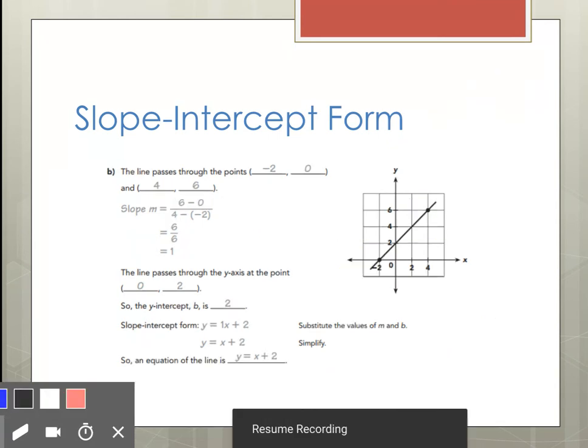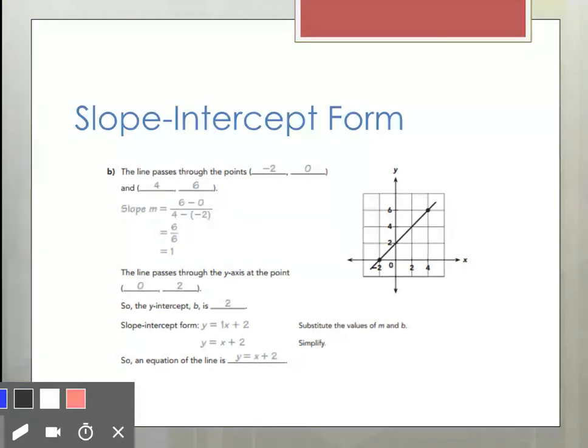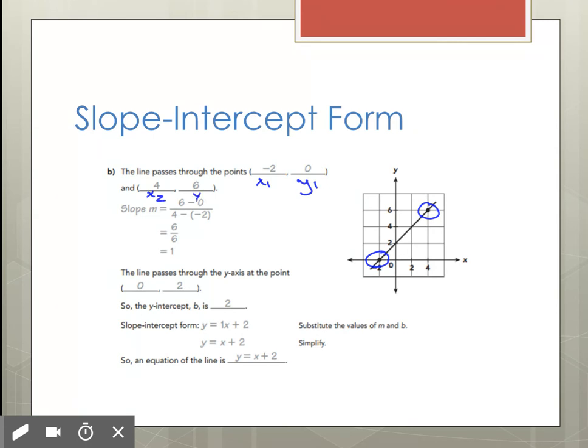So part B here, we're doing another example, but this one we actually have a y-intercept that's not 0. But first we'll calculate our slope or our m using this point here, negative 2, 0, as point 1. So again, I'm labeling that x1, y1. And point 2 is 4, 6. So x2, y2.